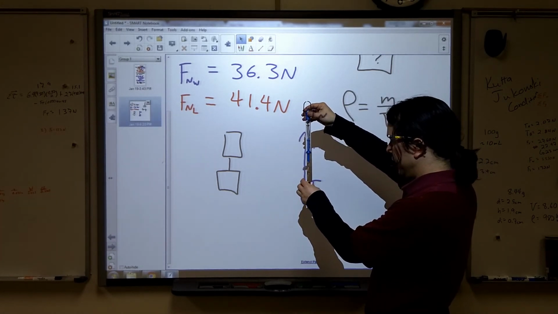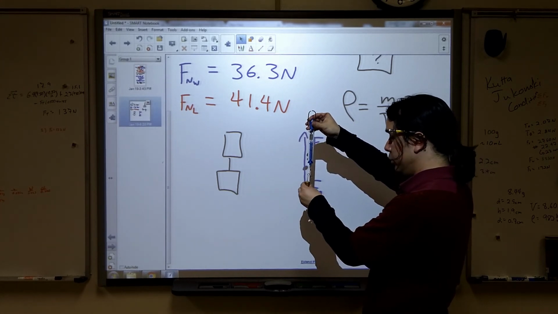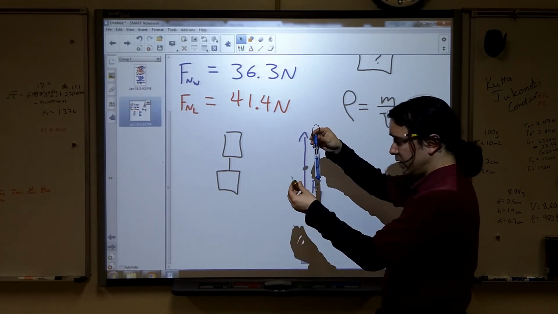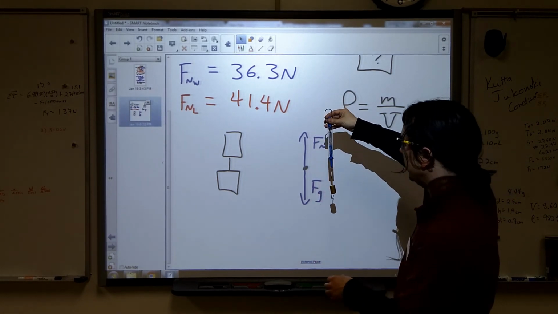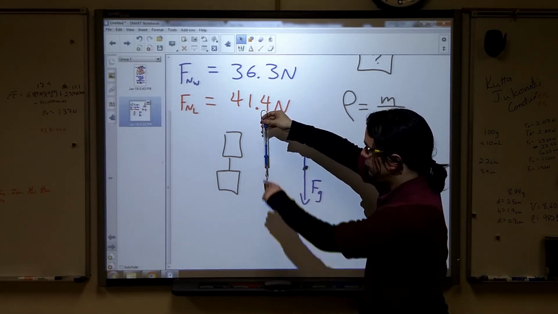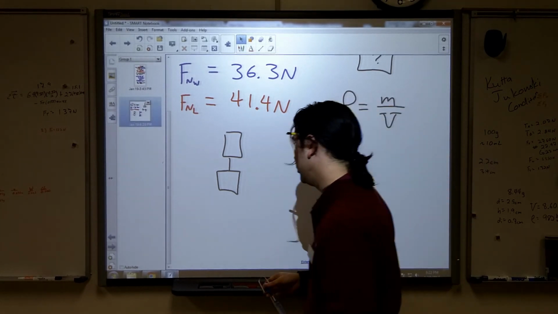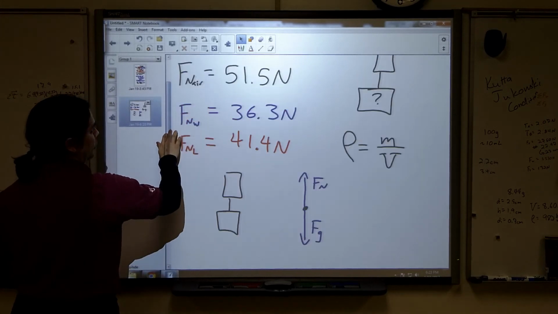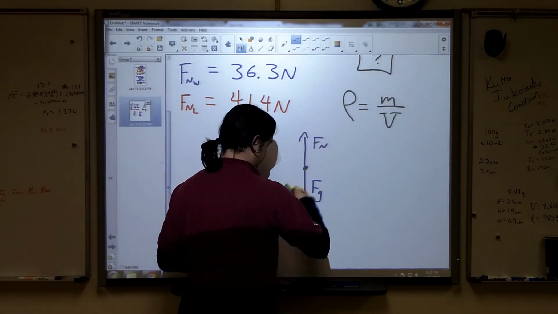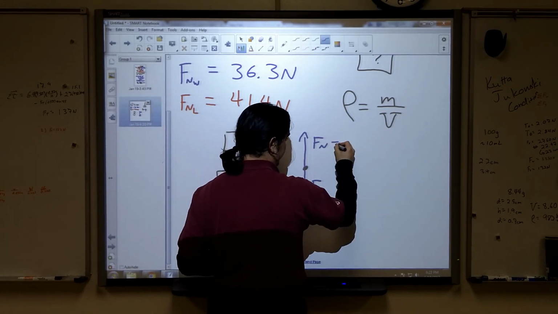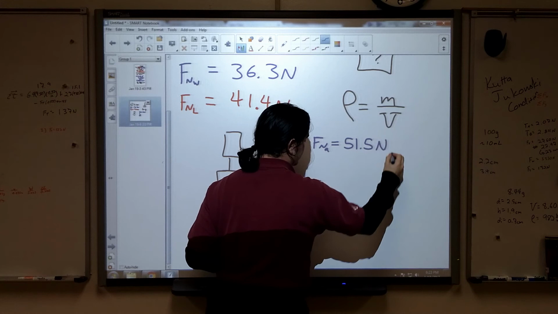I hang this on there, and I find that it comes up to 1.0 newtons. This is a 100-gram mass. So it's a lot like this. This is in air, and we read the normal force, 51.5 newtons.